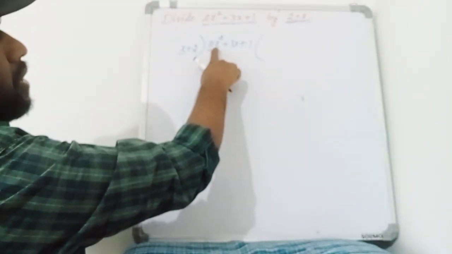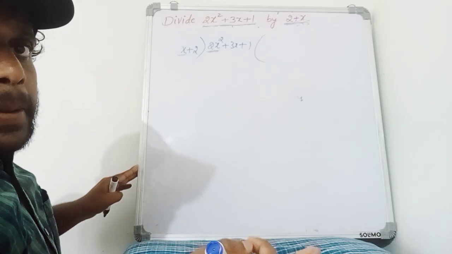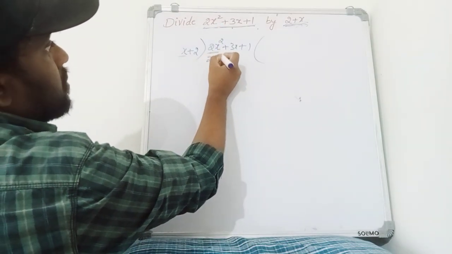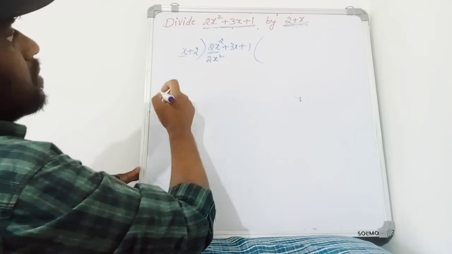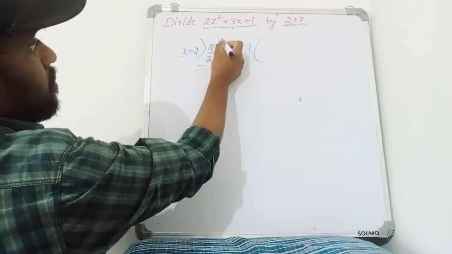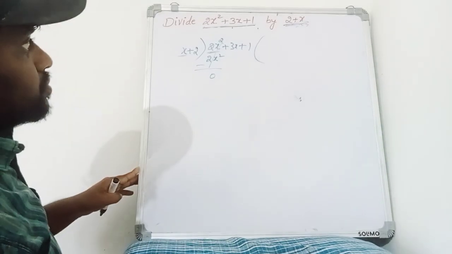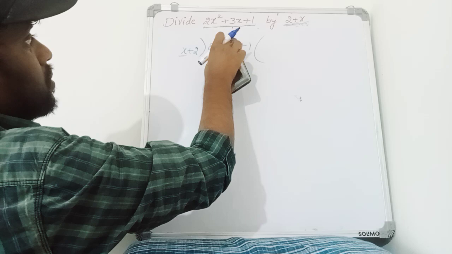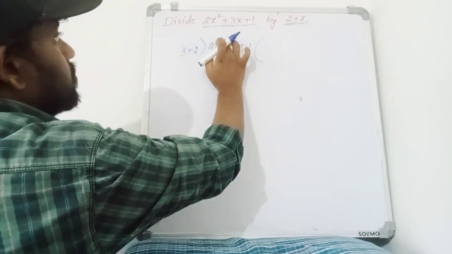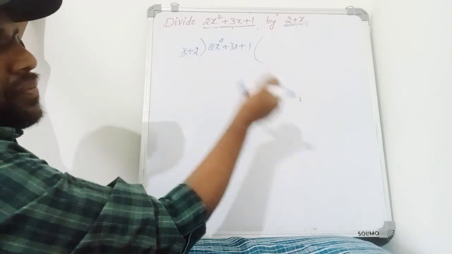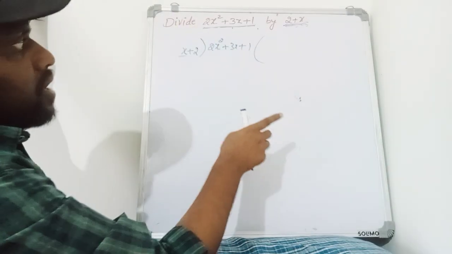Now what you have to do? We have to eliminate this 2x square by subtracting the same 2x square, so that when we subtract we get 0. So the point is we have to eliminate it by subtracting 2x square from 2x square.